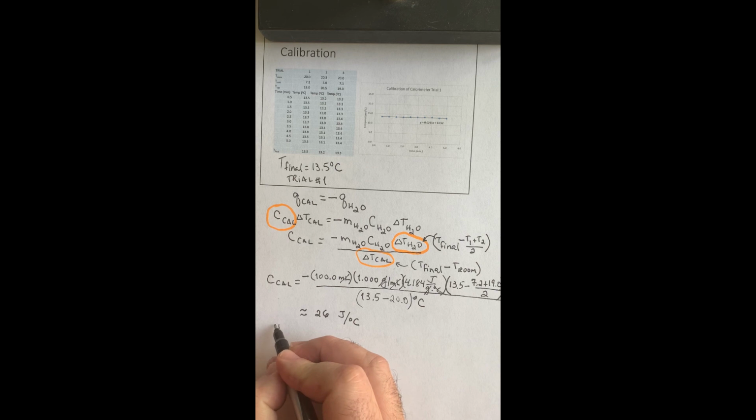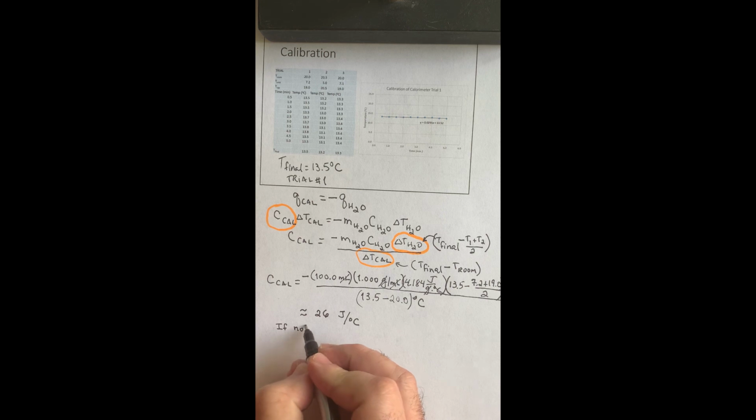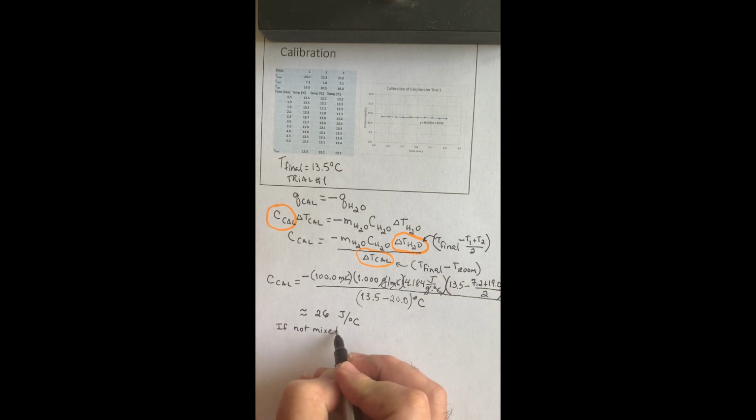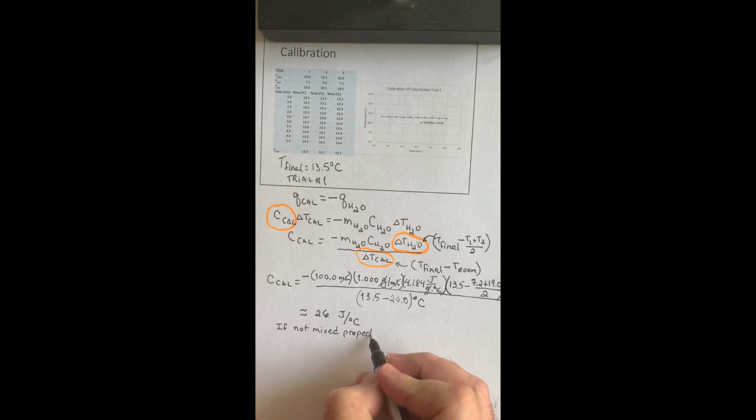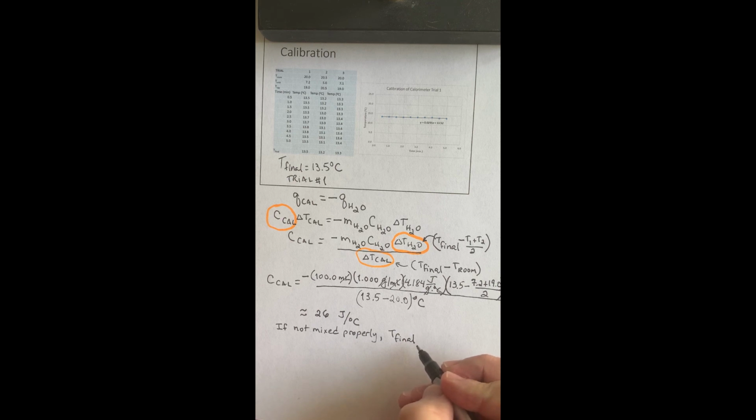So what happens is that when you add the cold and the warm water to the calorimeter, if you don't take care of mixing them properly, in other words, with a continual swirling motion, there will not be a proper exchange of heat energy. And so what might happen is that now T final, instead of being higher than the midpoint between the cold and warm water, will actually end up being lower than T1 plus T2 over 2.